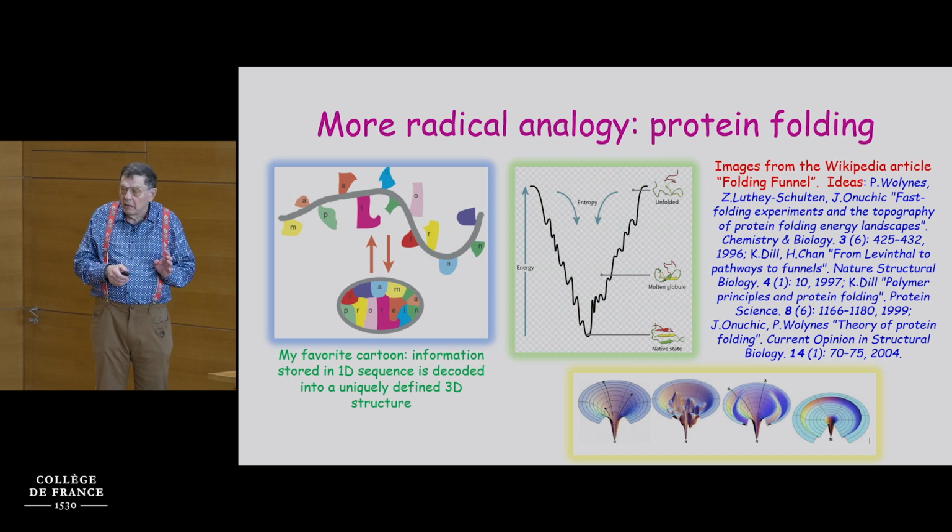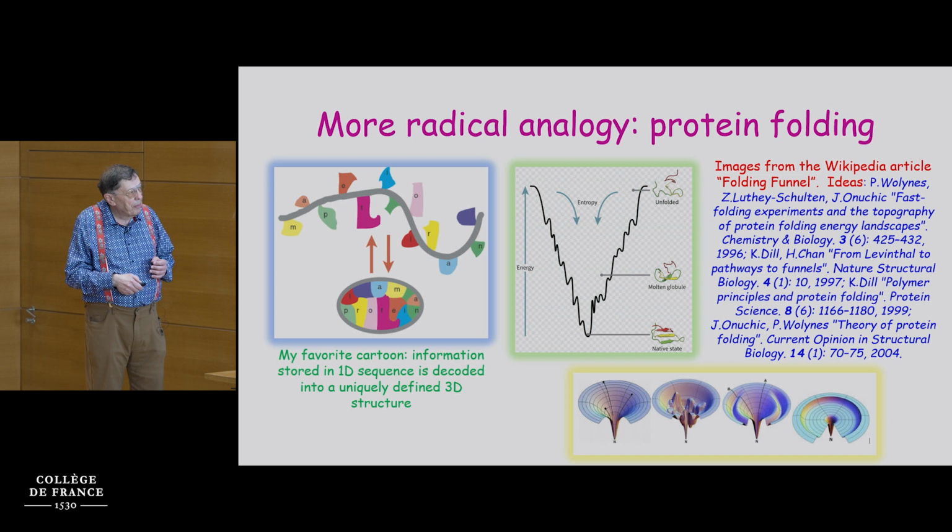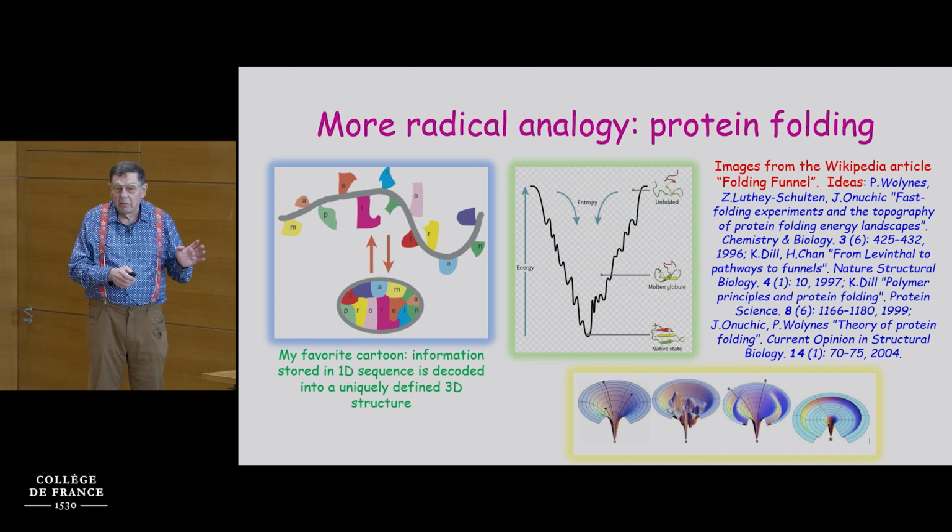I don't like the language of funnels, to tell the truth, but this is just me. I don't like it because this looks like a graph to me, a plot of some function, right? I was told in Russian school when I was a boy that a plot should have a vertical axis and a horizontal axis. But if you ask what the horizontal axis is, there is no answer. Nobody knows.